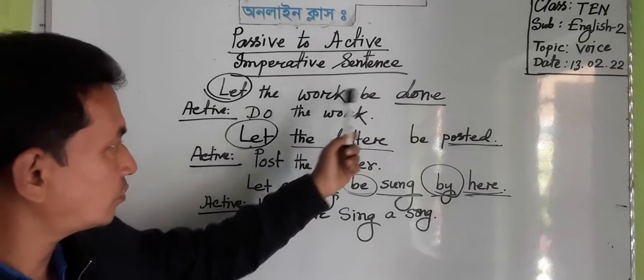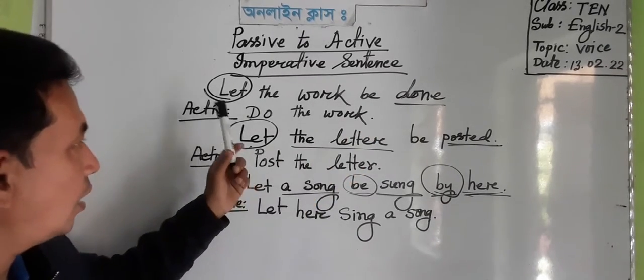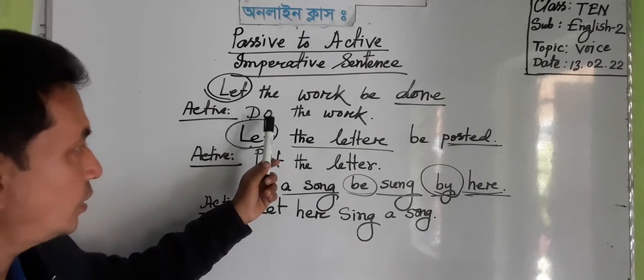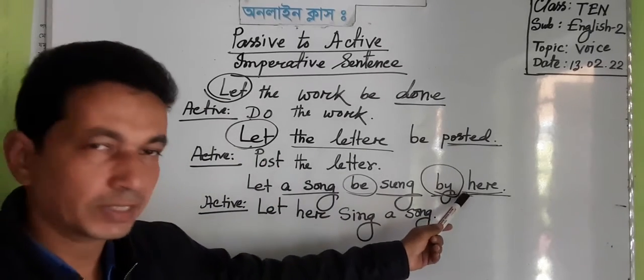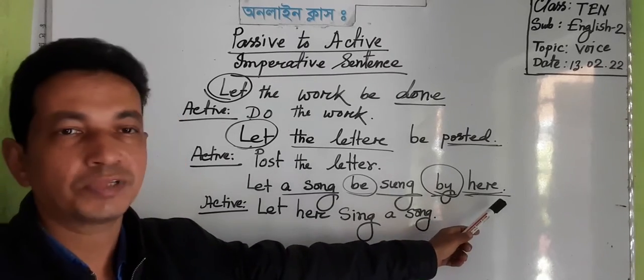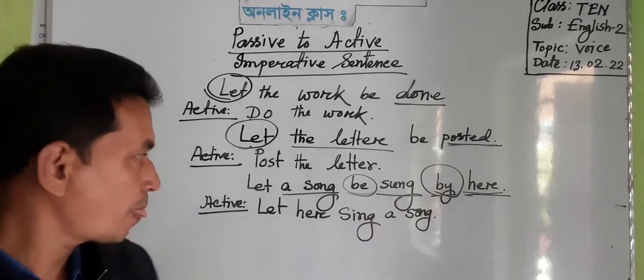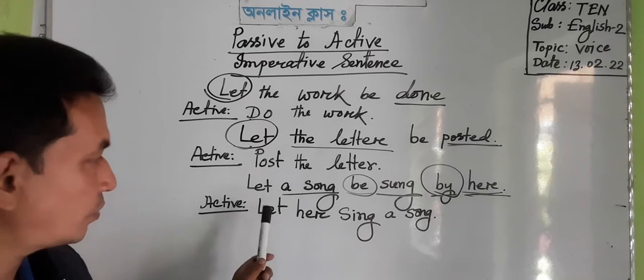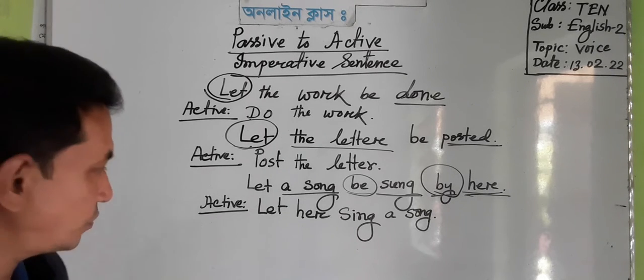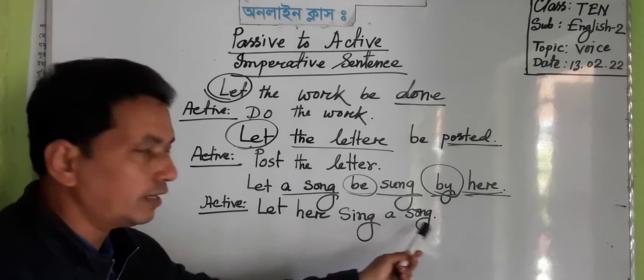If there is a direct object in the sentence, active voice will start with the main verb, and if there is an indirect object at the end position of the sentence with by added, the sentence will start with let. Okay, dear students, so let her sing a song.